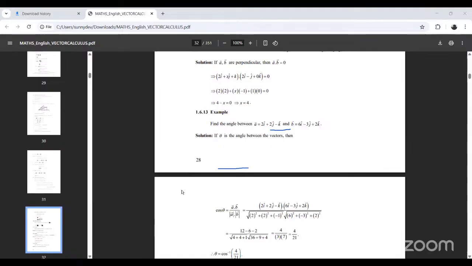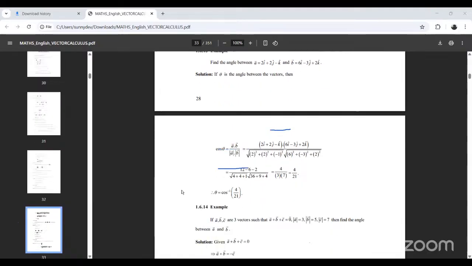Now here they're asking one more problem: find the angle between the two vectors. It is very important, students, from the examination point of view. Just now we discussed that the angle between the two vectors is cos theta equal to a dot b by mod a into mod b.